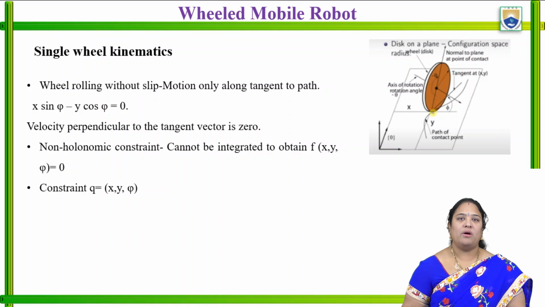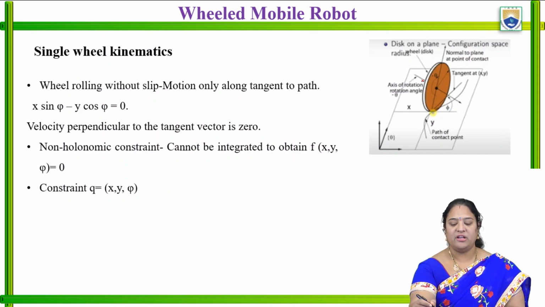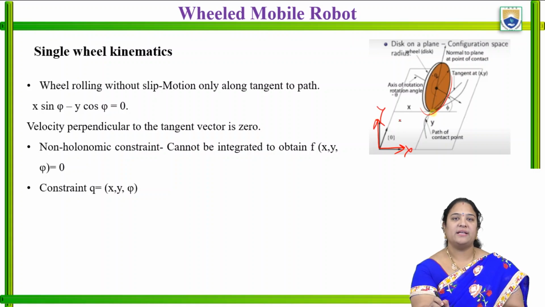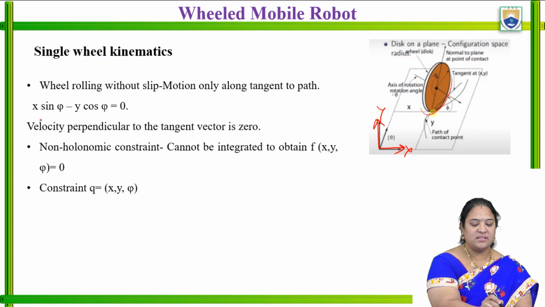So when we come across the single wheel kinematics, here we will be having only one single wheel with respect to the x and y axis, right? With respect to the x and y axis, we will be having only one particular single wheel being rotated on the surface, where we are considering x sin phi minus y cos phi is equal to 0.